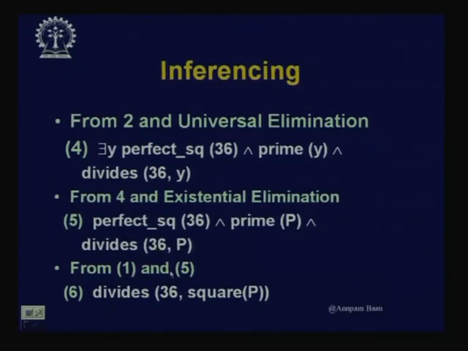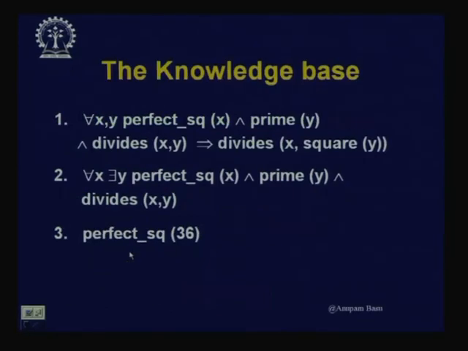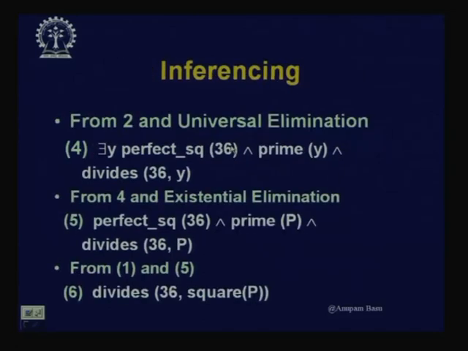Now, from 1 and 5, this is the fifth one, and what was the one? One was this. I have eliminated from 2, but say here for all x y, perfect square x and prime y and divides x y implies divides x square y. Now, 1 and 5, what is my 5? This one I can get. So, I get perfect square 36, prime p, divides 36 p.